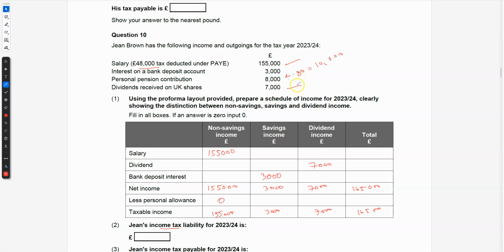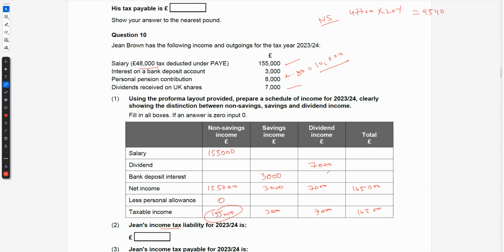Normally the basic band is 37,700, but 10,000 will be added. So we're going to say 47,700 multiply 20%. That will give us 9,540. So this is my first non-saving from here, 155.